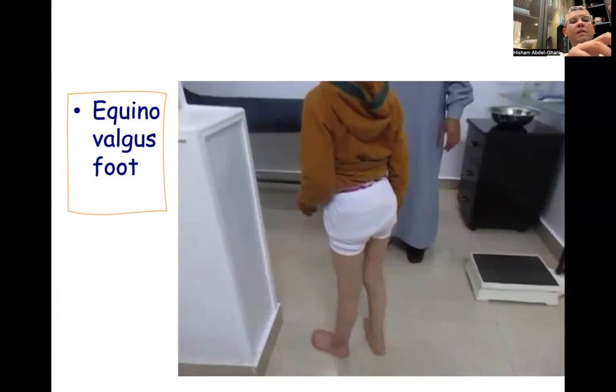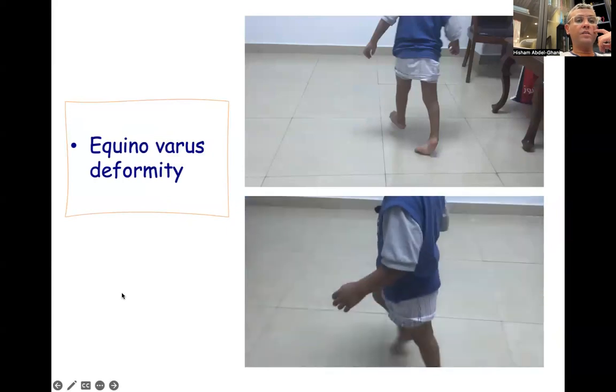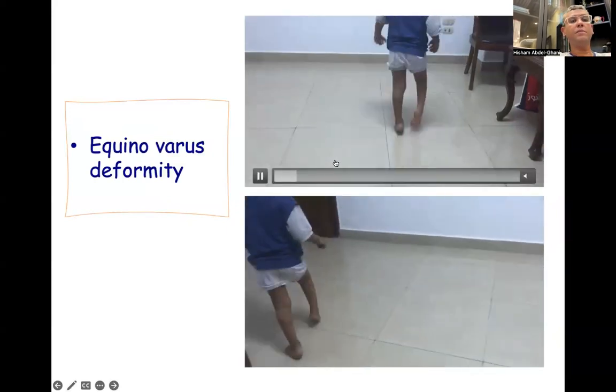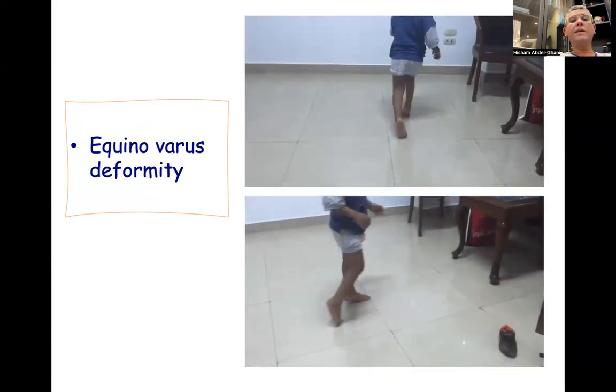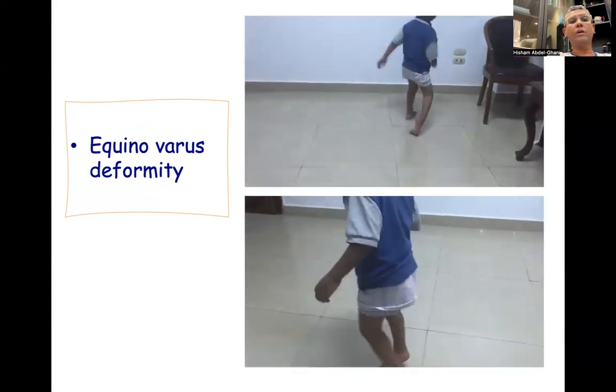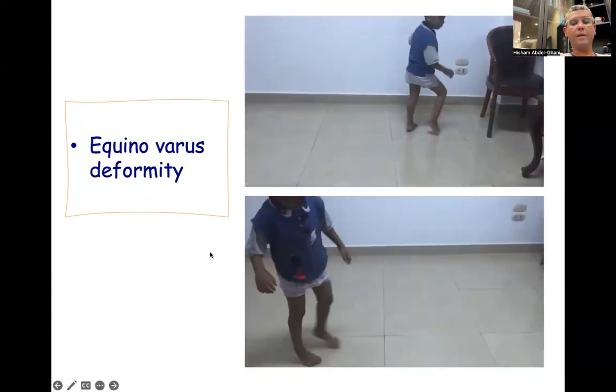And this is not the common presentation in CP hemiplegia, but it is a common presentation in CP diplegia. The commonest presentation in CP hemiplegia is equinovarus deformity. This is the classic for equinus deformity or type 2 CP hemiplegia.